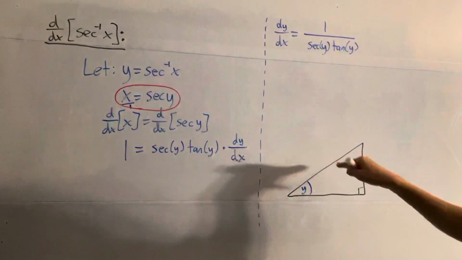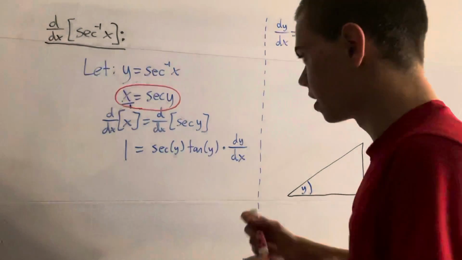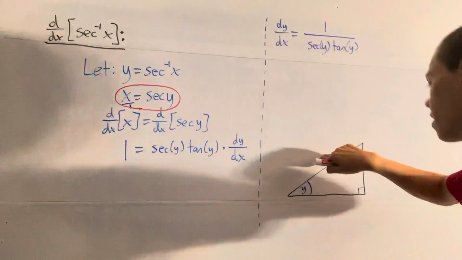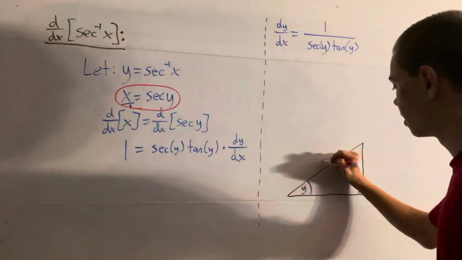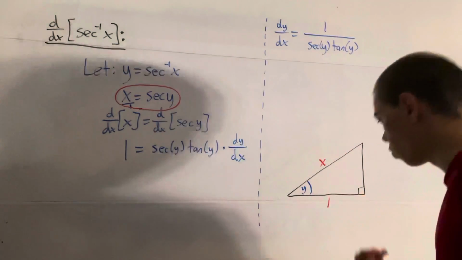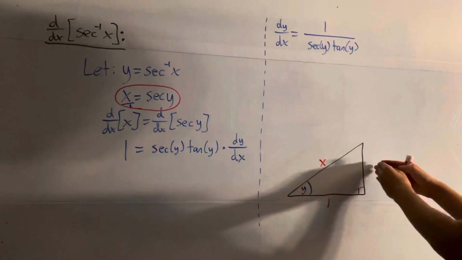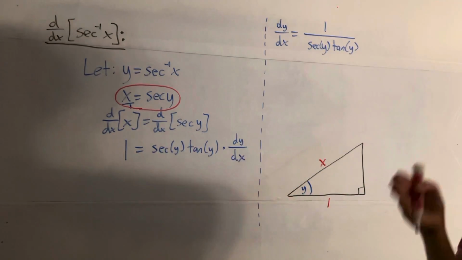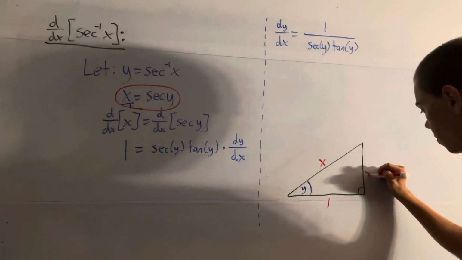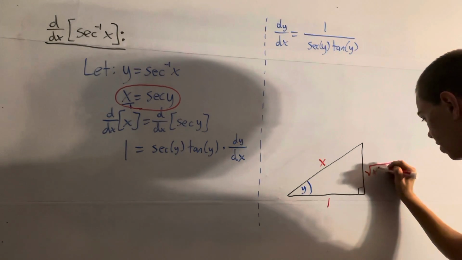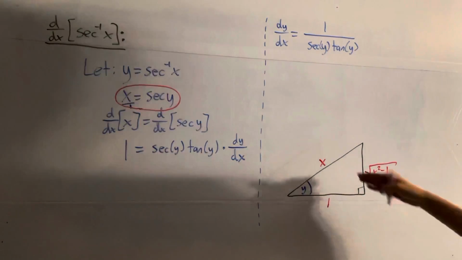That's all we need, because the secant of y is just hypotenuse over adjacent, so secant of y is x over 1. Now we just need to find this side length, which we can do using the Pythagorean theorem. It's going to be the square root of x squared minus 1.